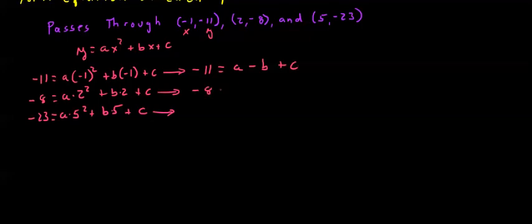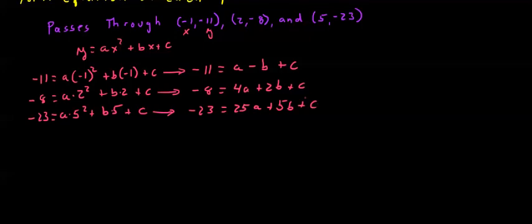Negative 8 equals 2 squared is 4, 4a, whoops, that was an ugly looking 4, 4a plus 2b plus c. And lastly, negative 23 equals 25a plus 5b plus c.